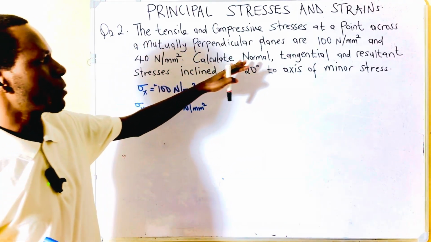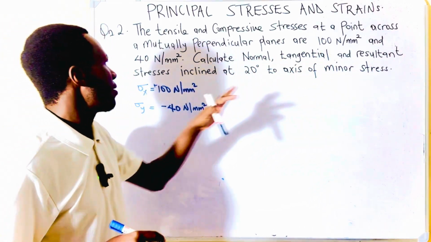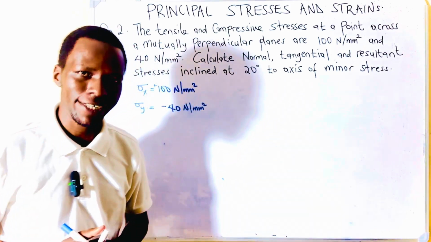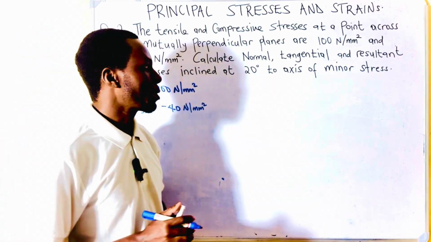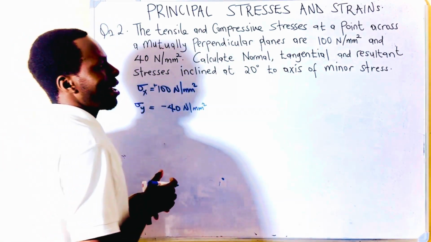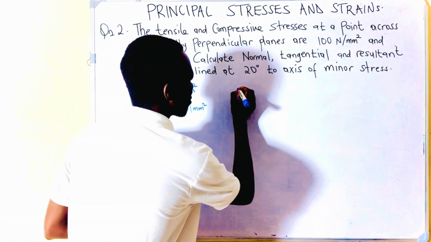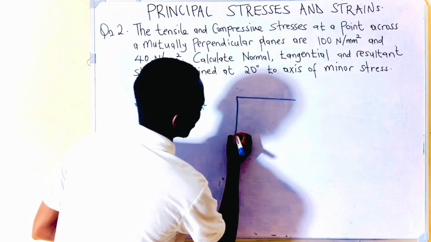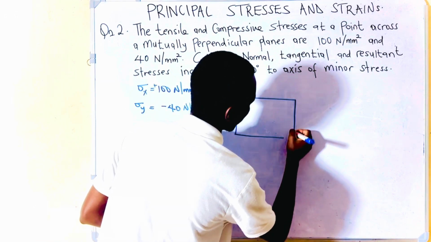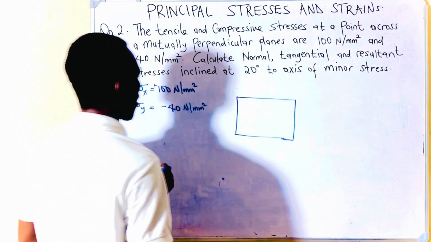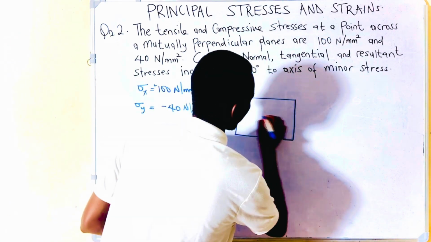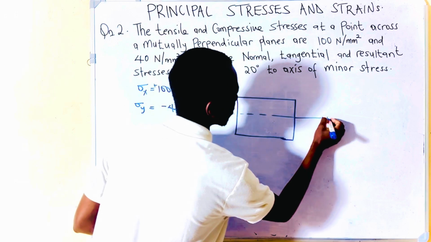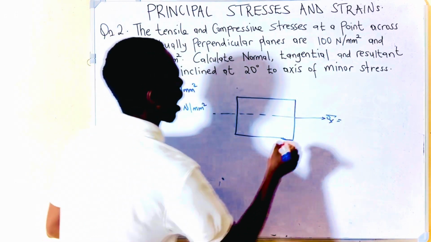Then you're supposed to calculate the normal, tangential, and the resultant stresses at 20 degrees to the axis of the minor stress. This is what I was saying, that we're going to do one problem where the angle has been inclined to the minor stress. So to make it easy, let's have a sketch so that you can easily understand the inclination. Our major one, sigma x, has been given, so we can indicate this is sigma x and this is 100.